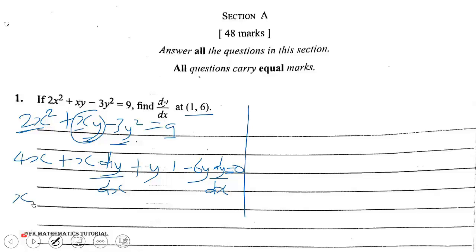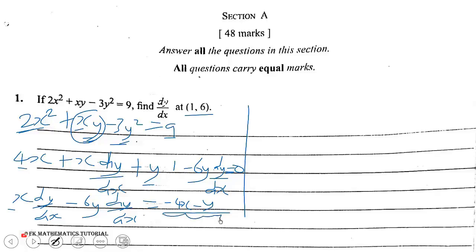So we have x dy/dx, then minus 6y dy/dx is equal to, now we send the y there, send the 4x there. So we have negative 4x minus y all over. Okay, so we have not factored this one in, so let's factor before we divide.